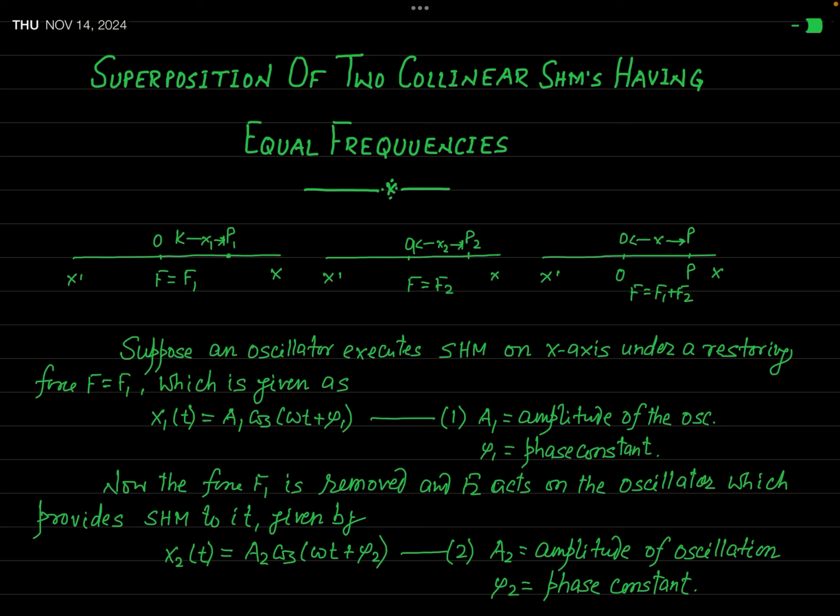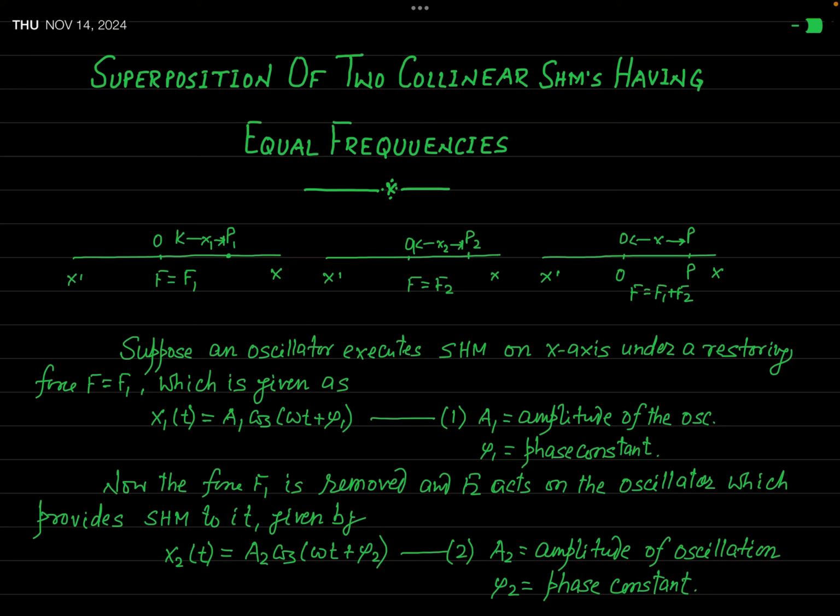And first of all, we are going to see the superposition of two harmonic oscillations, only two. But later on, we will also see the superposition of more than two simple harmonic oscillations.